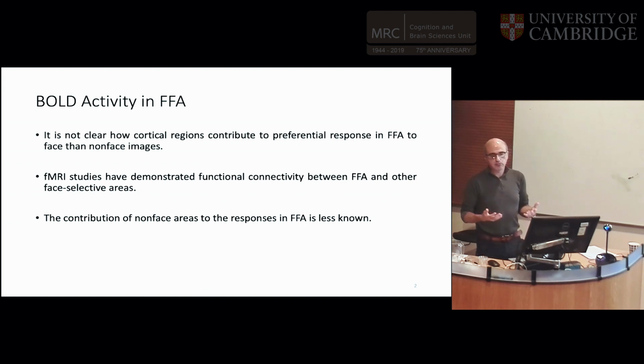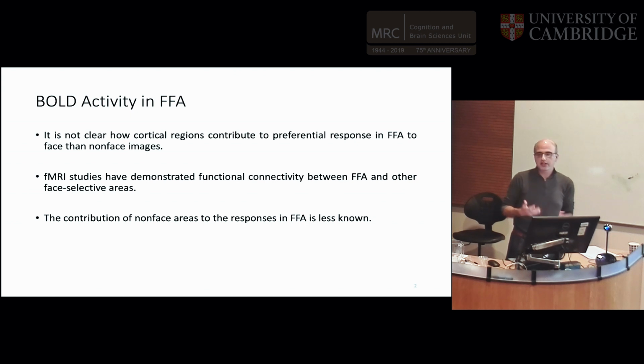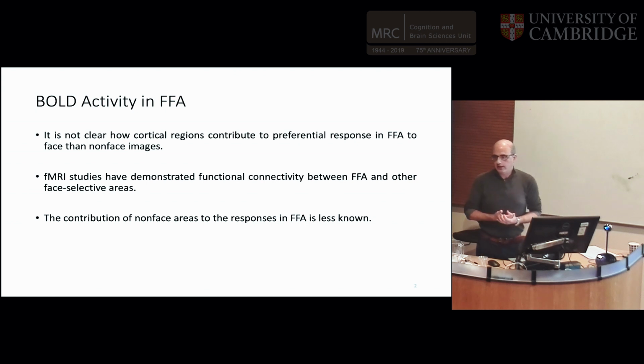And even though there are some fMRI studies showing specific functional connectivity patterns between FFA and other face selective areas, the contribution of non-face areas to the responses in FFA is less known. So here we decided to develop a framework based on regression analysis to see how other visual cortical areas are contributing to the responses in FFA.